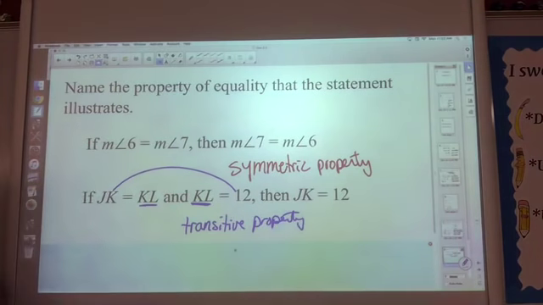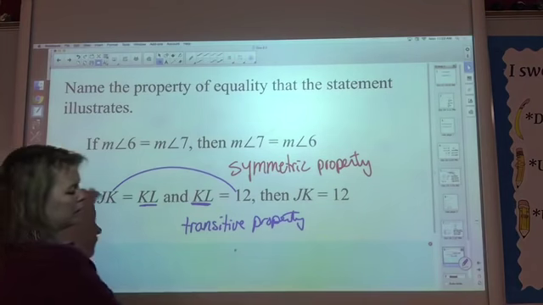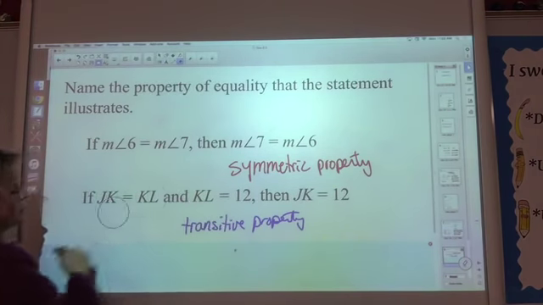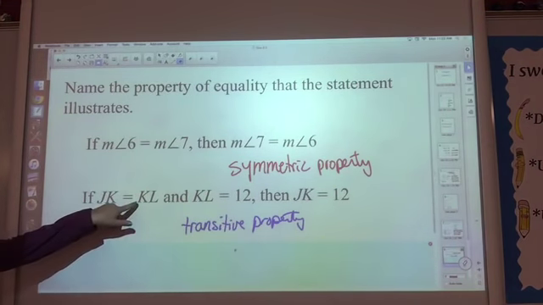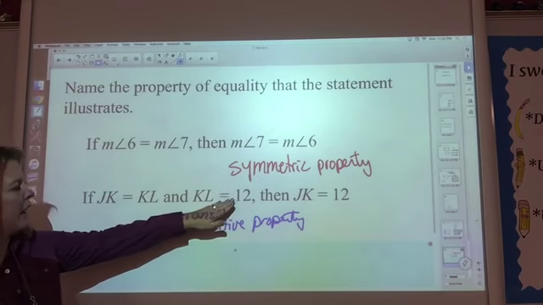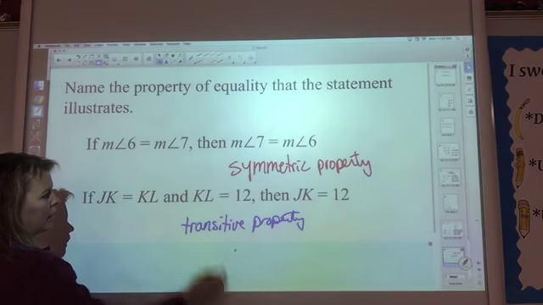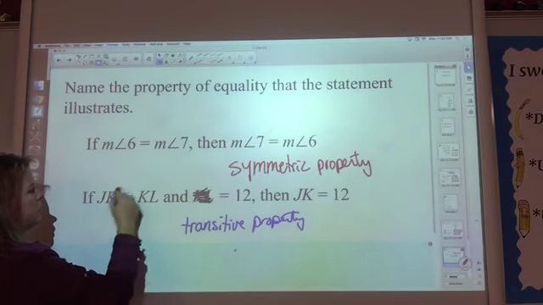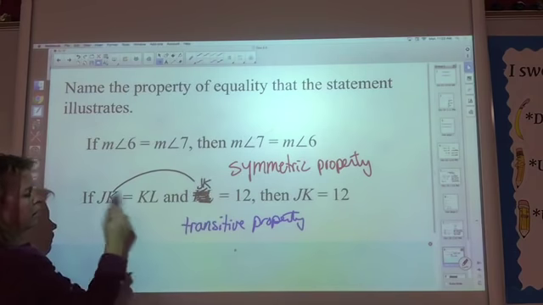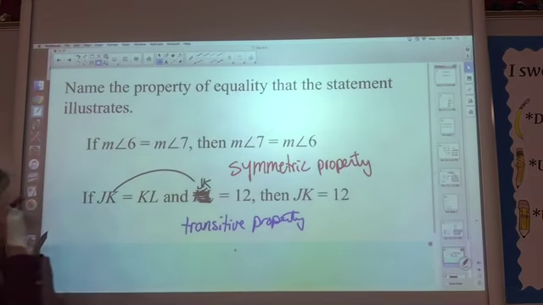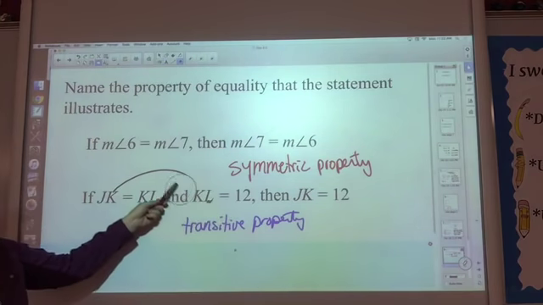Now hold on and think about this for 1 second. It can get confusing sometimes because we've already talked about that if two things are equal, you can take one thing out and put something else in its place. You could just take this KL out of here, put JK in its place because they're equal. Then it's the substitution property. There's a very thin line and a very, very small difference sometimes between the substitution property and the transitive property.